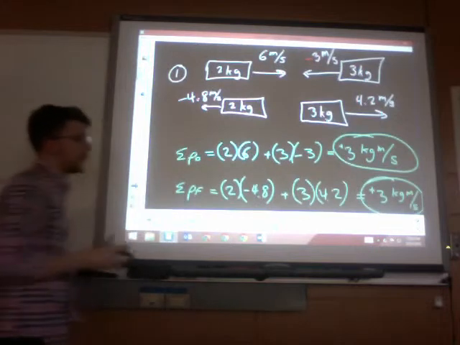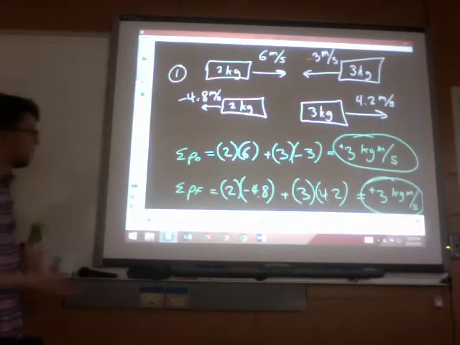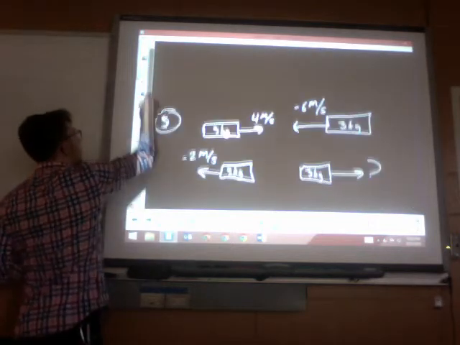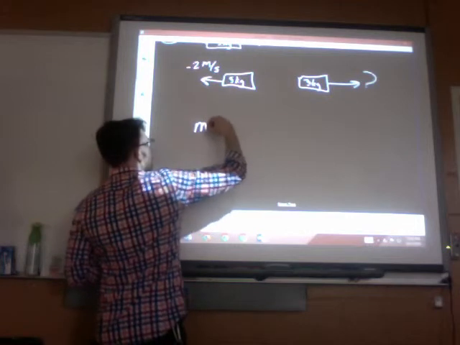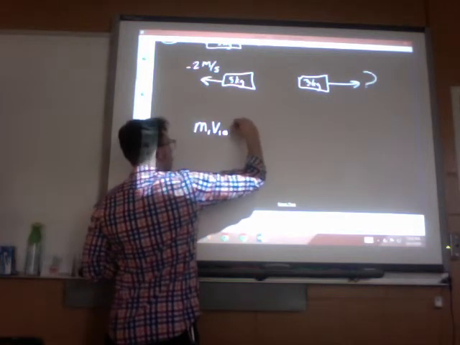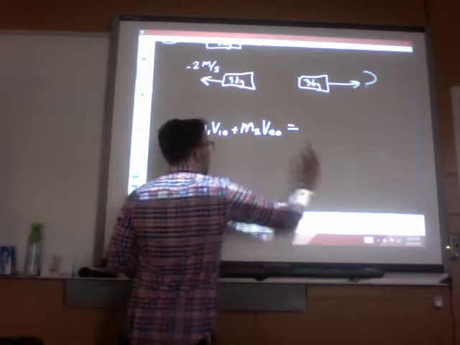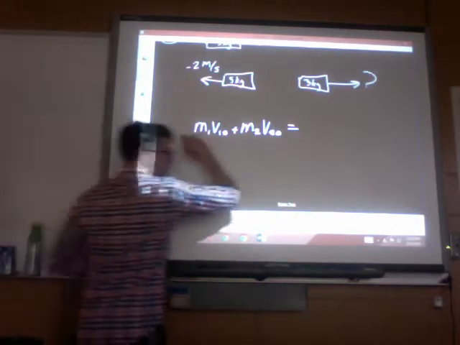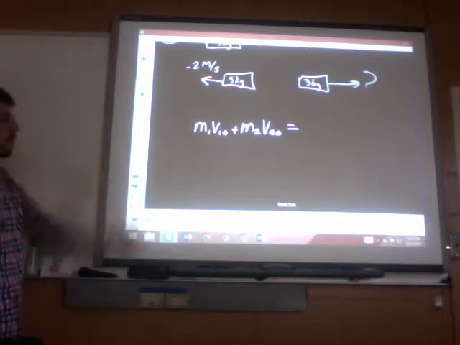Okay, once again, what's true about our total momentums? They're the same. Before and after, they are the same. So we can use the conservation of momentum. M1 V1 initial plus M2 V2 initial. This set of terms represents our total momentum before the collision.